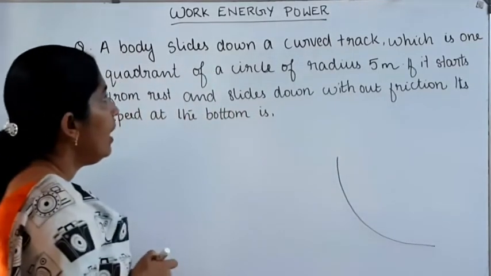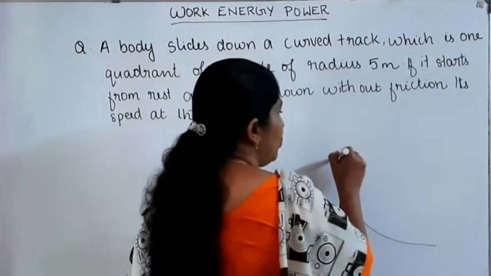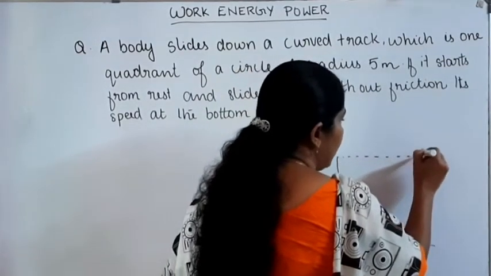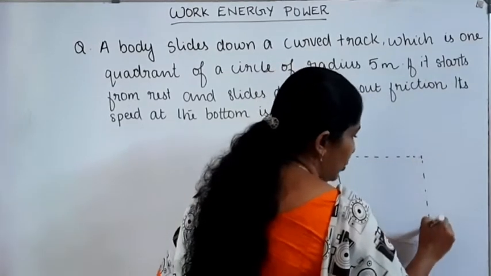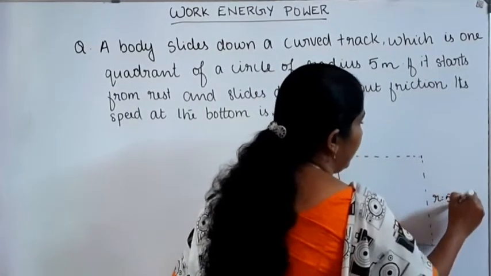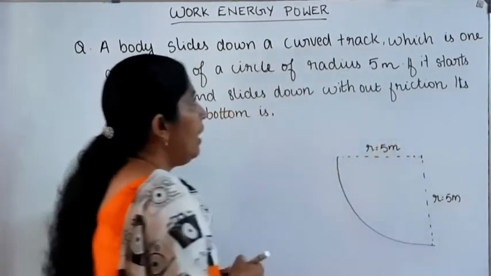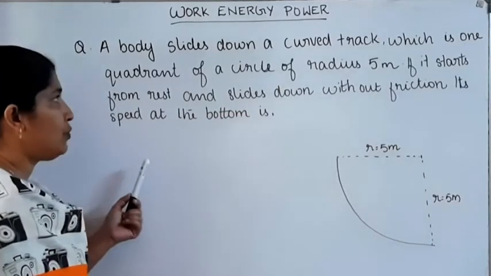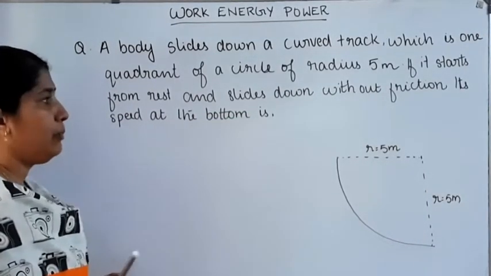Consider this is the center, then radius r is equal to 5 meter. Here also r is equal to 5 meter. If it starts from rest and slides down without friction, its speed at the bottom is?